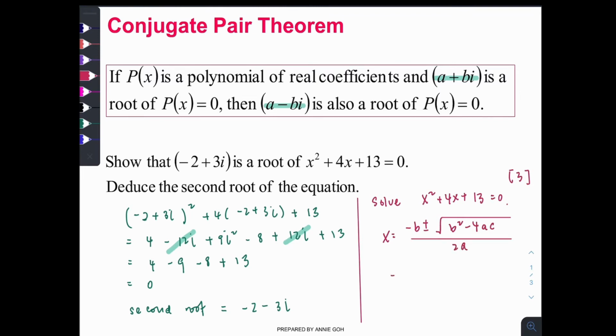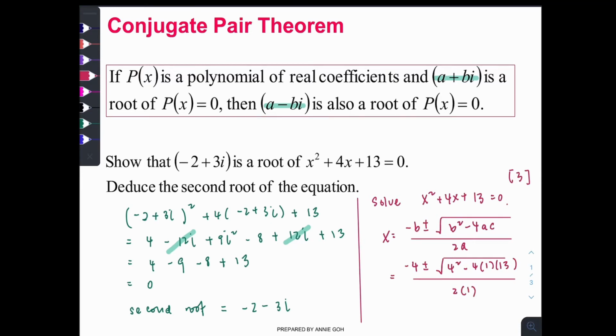This formula is actually provided in the formula sheet in case you forgot it. So now let's apply the a, b, c into this formula, which is negative 4 plus minus square root of 4 squared minus 4 times 1 times 13, over 2 times a. So the a is 1 here.